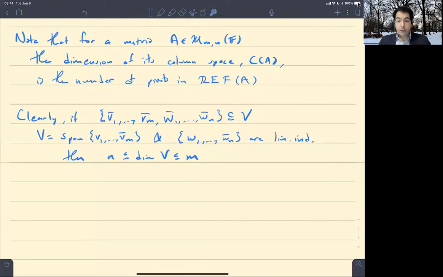So at the beginning of the class, we recalled something from the end of last class where we showed that m was bigger than or equal to n. But now, because this is true every time you have a spanning set and every time you have a linearly independent set, the dimension has to sit in between them. Because if you take a basis, then you could play it off against both of these to get these inequalities.